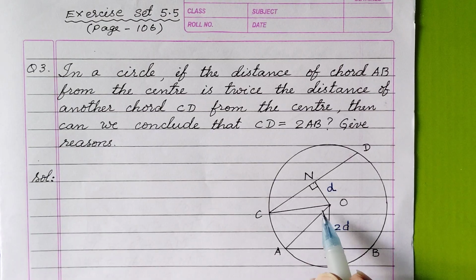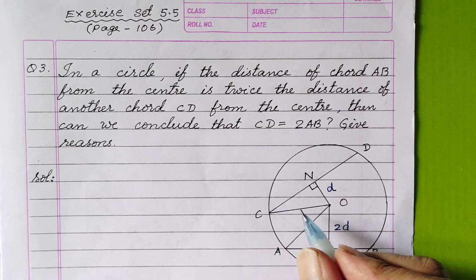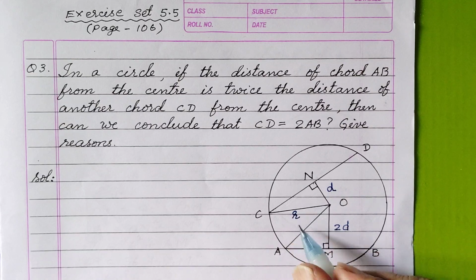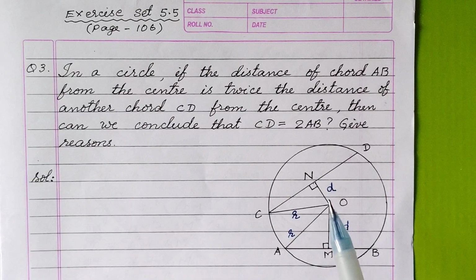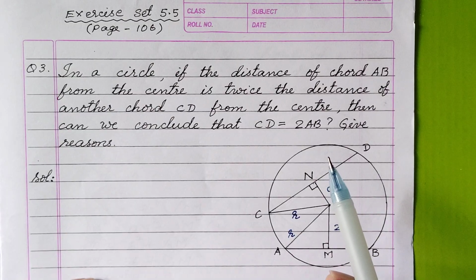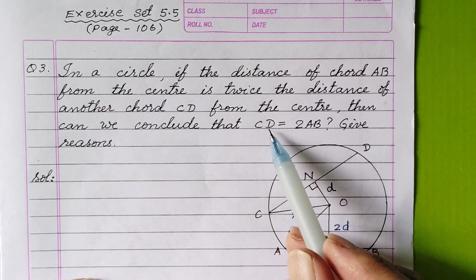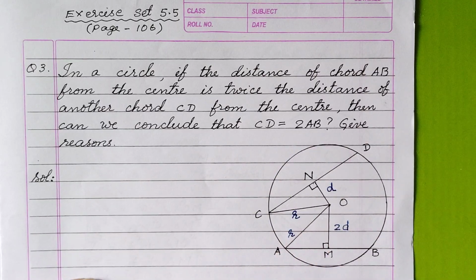And now OC and OA are the radii. Let the radius of the circle be R. This will be R, this also will be R. So now we should find out whether we can conclude that CD is equal to twice AB.